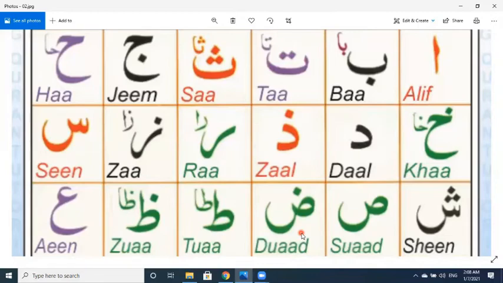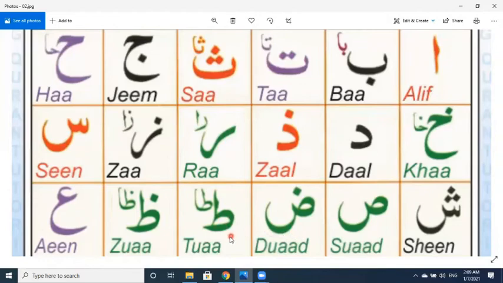There is a very interesting point here: Arabic is called the language of Dad, because this is the only letter which no other language has. You can find many similar letters in other languages, but Dad is the only letter which you cannot find in any other language.